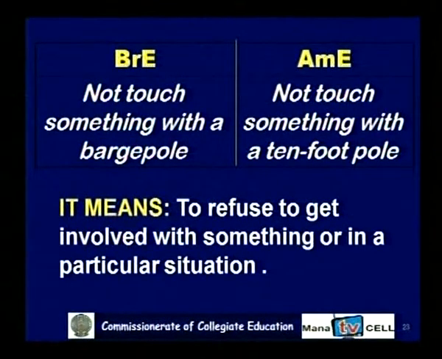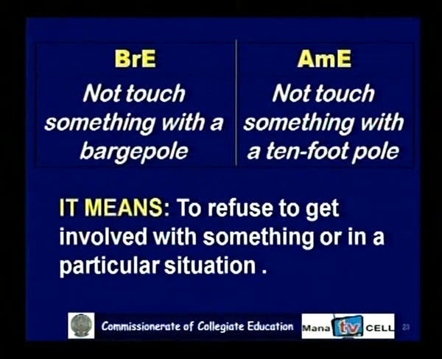Then another idiom is not touch something with a barge pole. In American English, not touch something with a 10-foot pole. Not touch something with a barge pole and not touch something with a 10-foot pole.